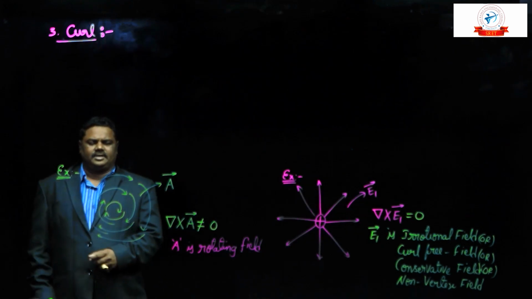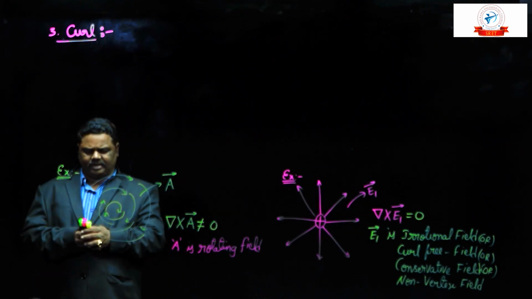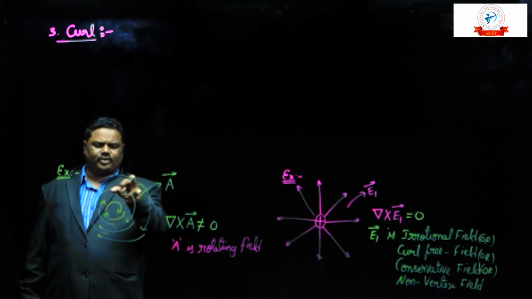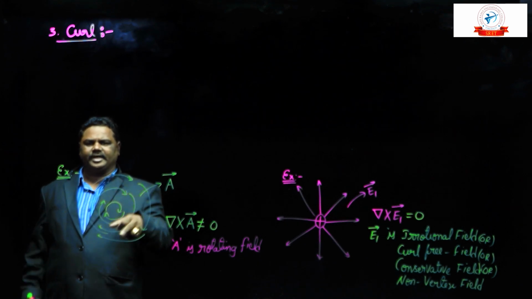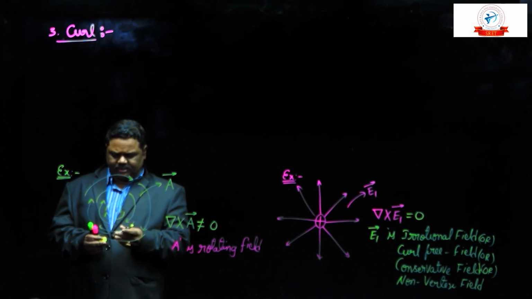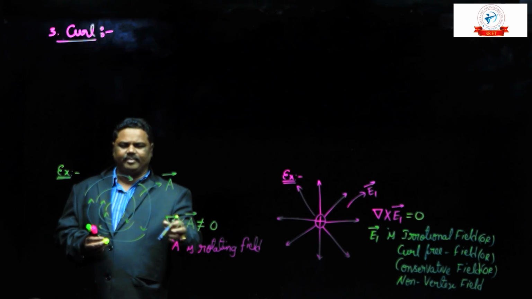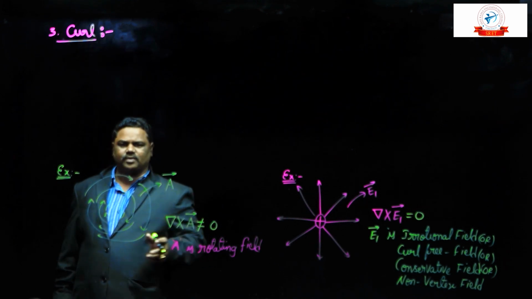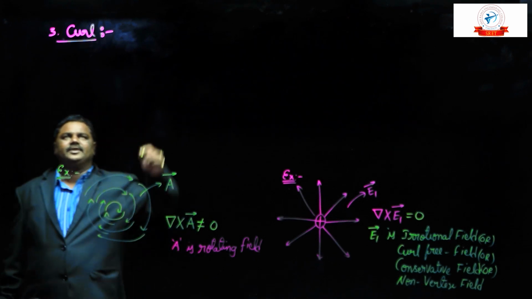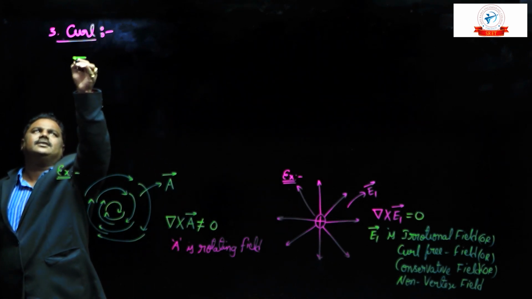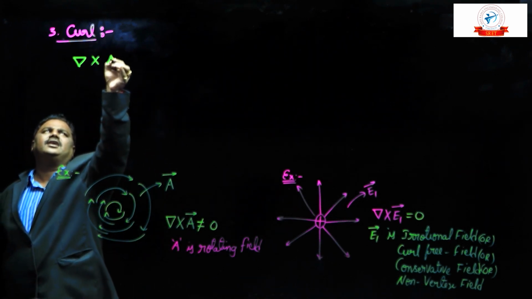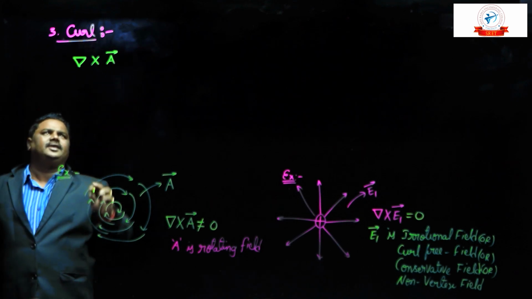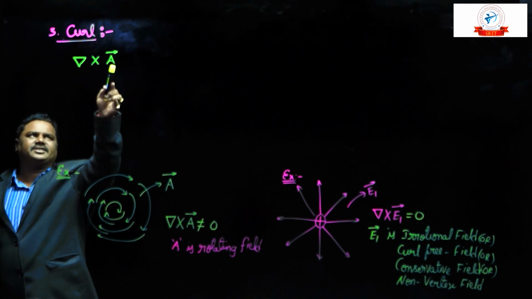Here we have seen the example of the curl of A bar. This is a rotational field, the field which is rotating. We calculated the curl of A bar to be non-zero, and that is why A bar is called a rotating field. Consider del cross A bar. Here del is a vector, A bar is a vector.